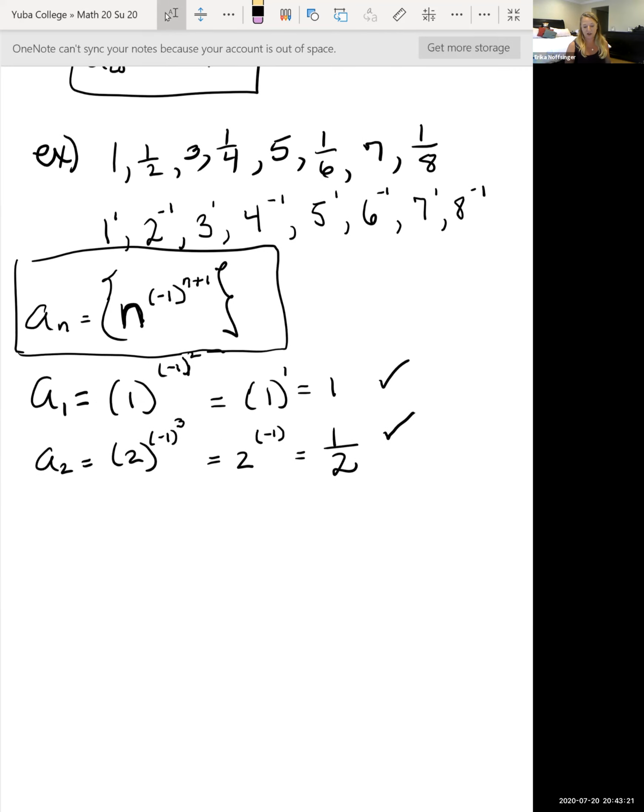Okay, so now these were called sequences. Series are summations, or the sum of terms in a sequence.